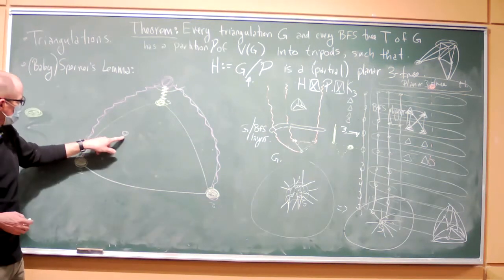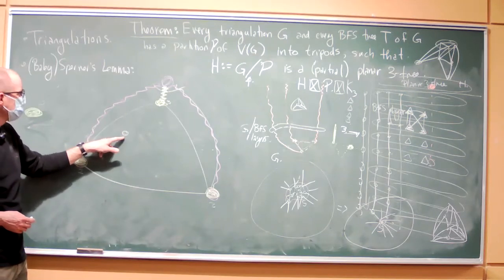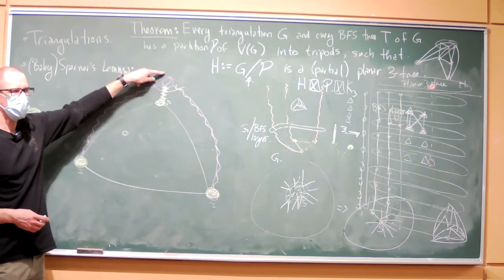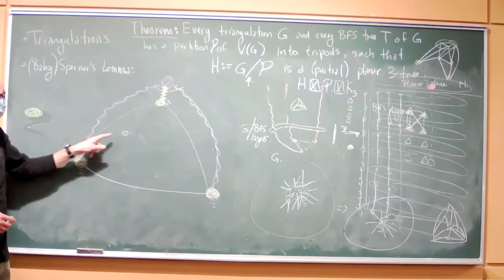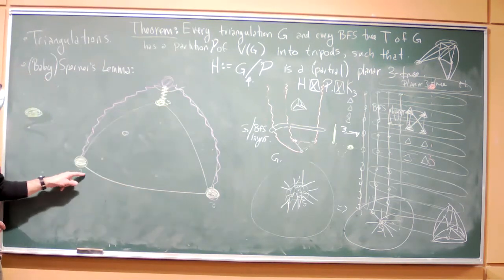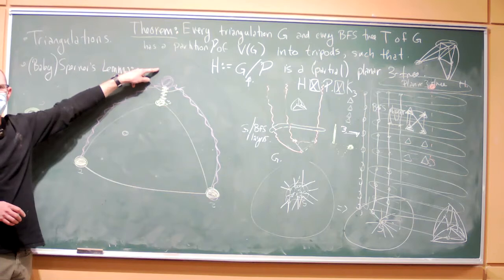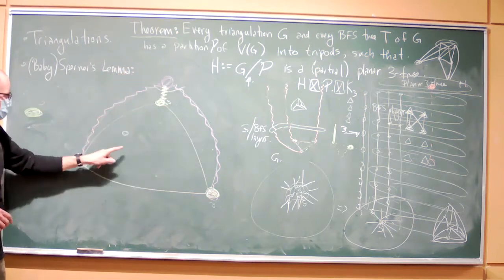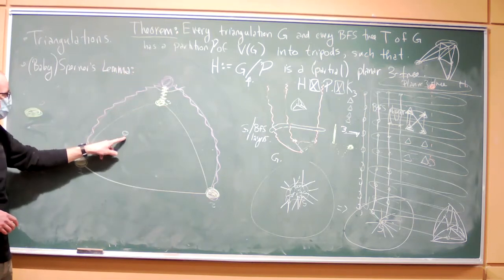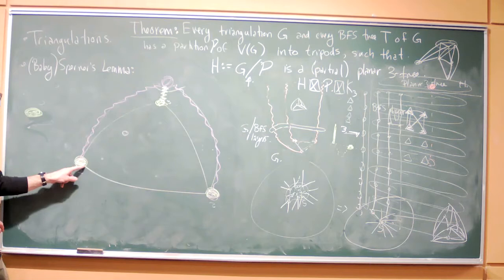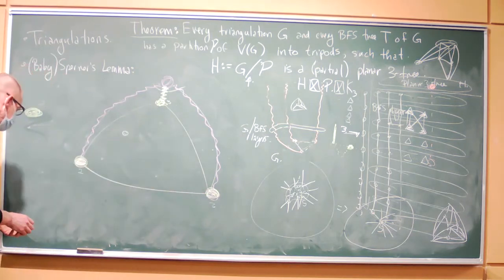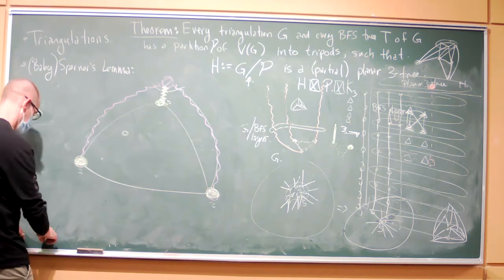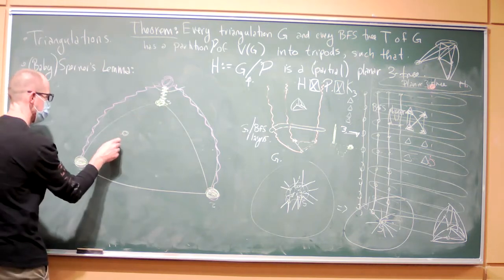So in particular, it can follow a path from itself in the BFS tree up to the root. Okay. Now, this vertex is inside this triangle. The root is outside this triangle. So in order for this path from this vertex to get to the root, it has to pass through one of these 3 things. Okay. So I look at that path. Maybe it's this one.